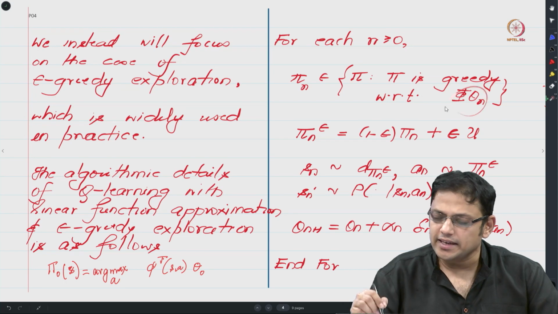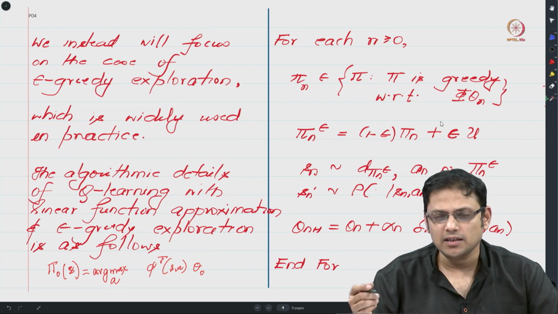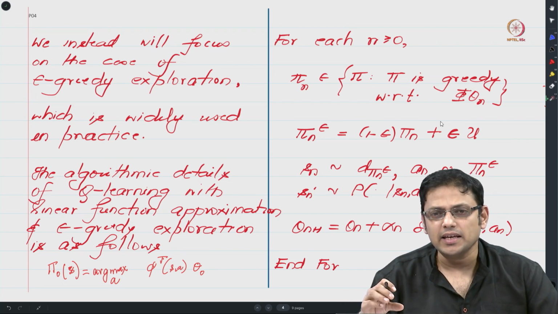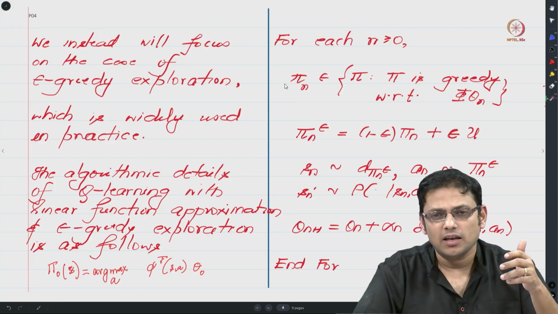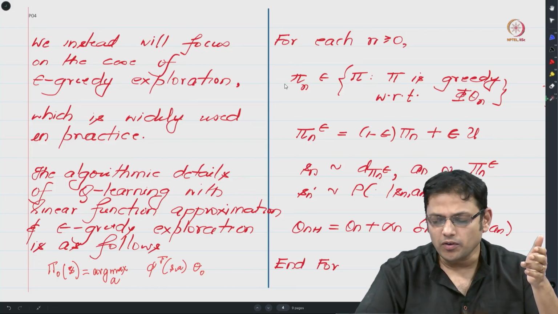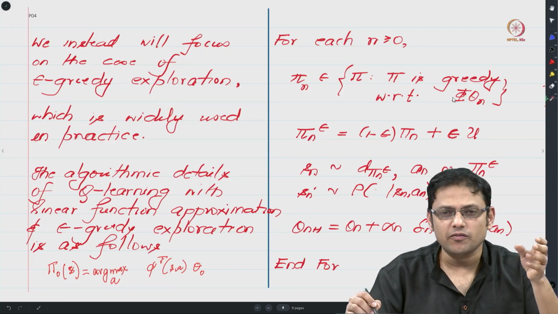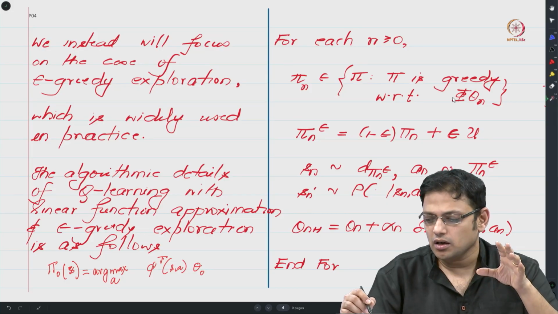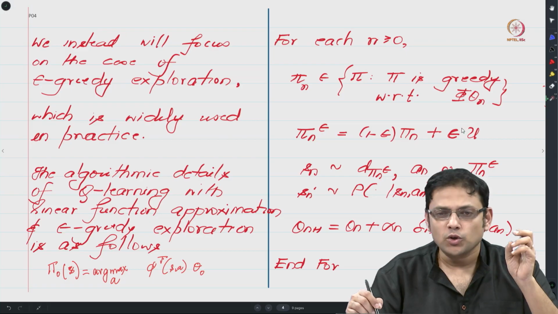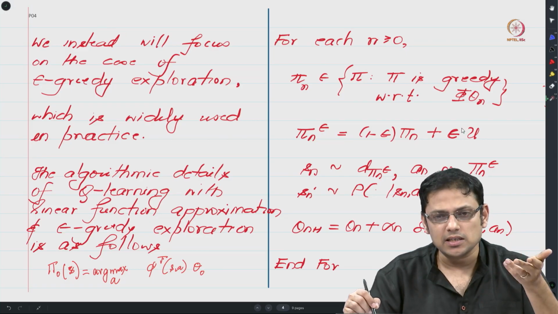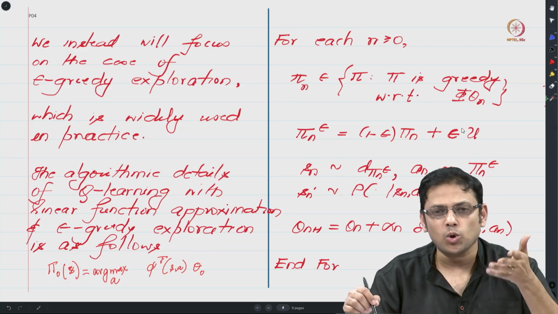The idea here is that if you are in a general iteration n, and phi theta n is a good estimate of Q star, then your pi n will behave like your optimal policy. However, if your phi theta n is a very poor estimate, then with some probability you are not acting according to pi star, and that allows you to explore a bit more.